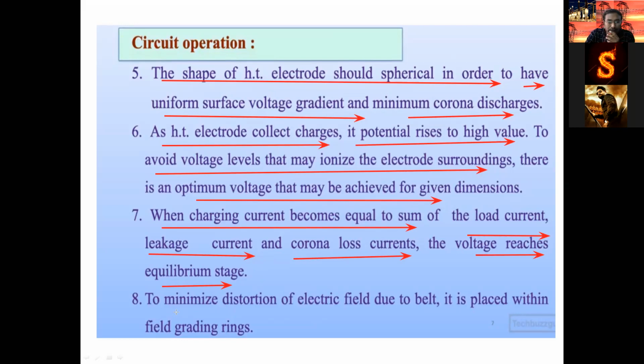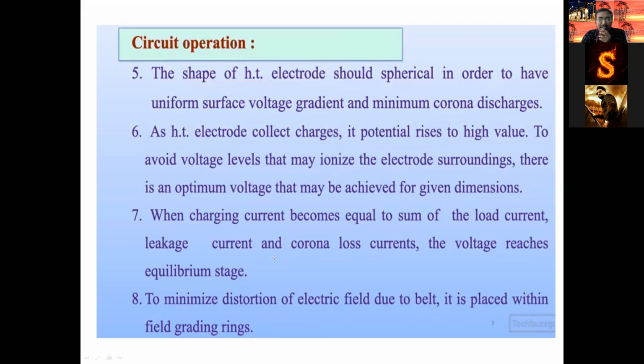Understood? To minimize the distortion of the electric field due to the belt, it is placed with field grading rings. So by using field grading rings, the distortion of the electric field can be minimized. It's clear.